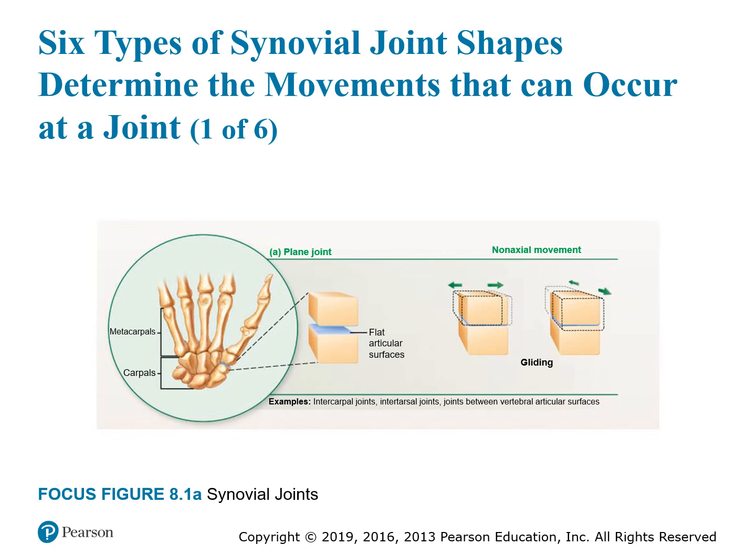The 6 types of synovial joint shapes determine the movements that occur at a joint. A plane joint has flat articular surfaces. The intercarpal joints, the intertarsal joints, and joints between the vertebrae articular surfaces are considered plane joints. These are non-axial movements, and it is gliding.